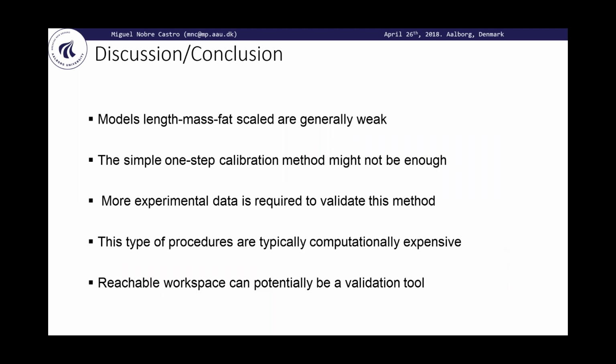However, we should bear in mind some very important things. We know that the length-mass-fat scaled models are generally weaker. So we really need to take into consideration maybe collecting more data points, or even optimizing the tendon slack length and other values such as the pronation angle and optimal fiber length eventually.